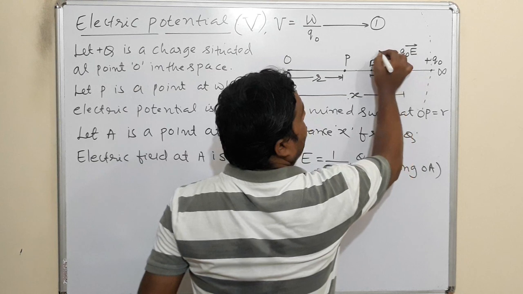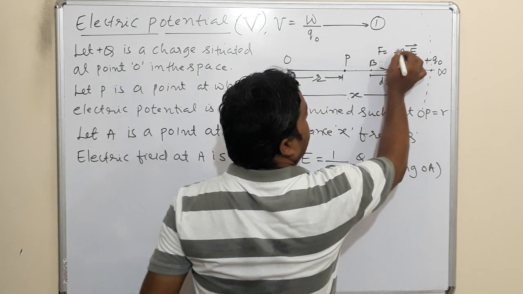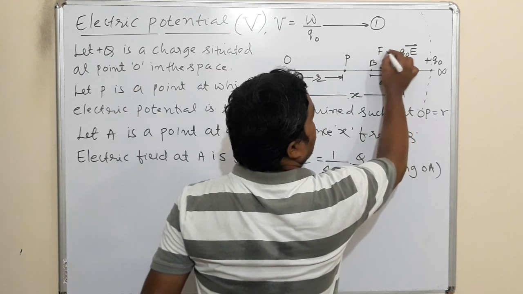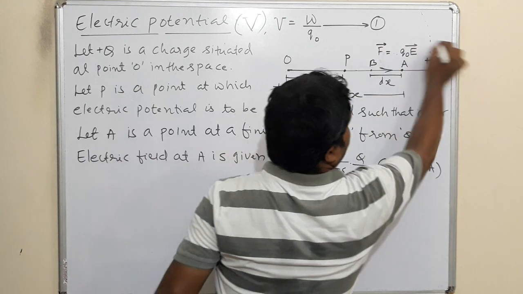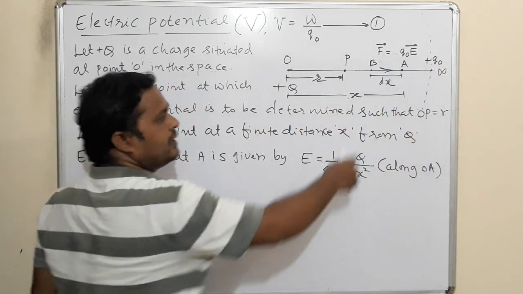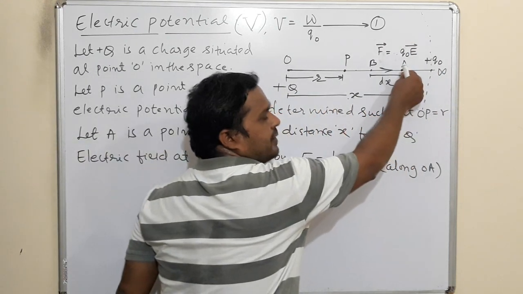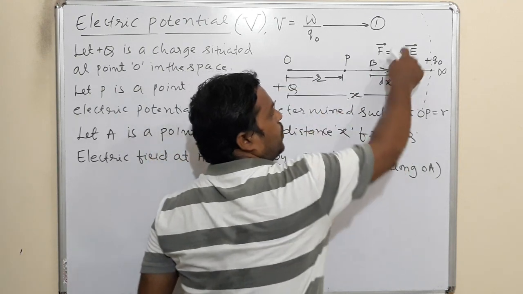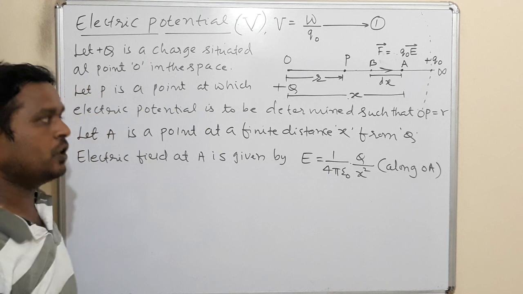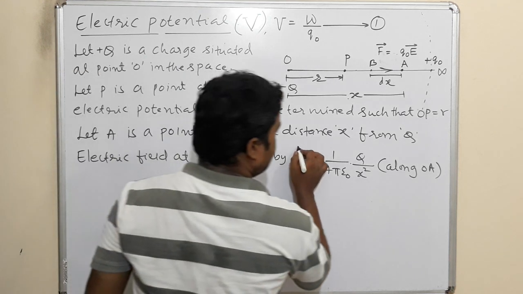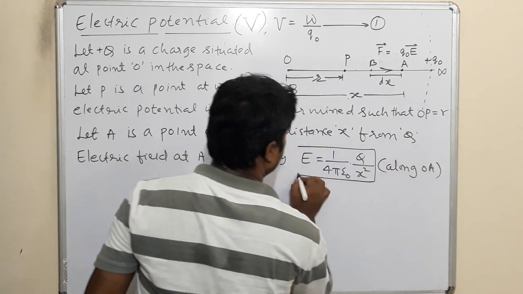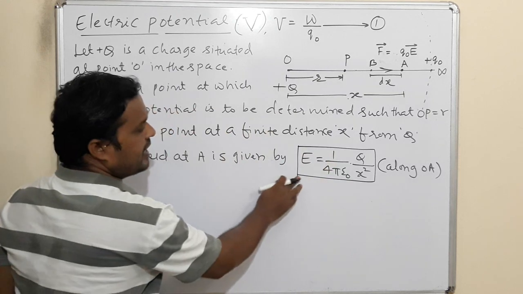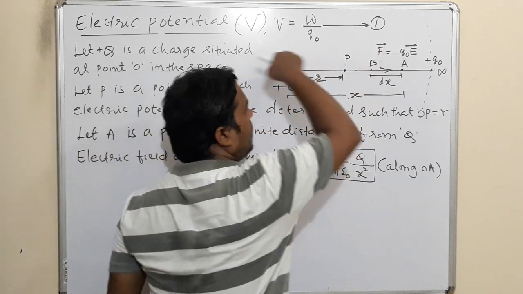Placed at A will experience this much force in this direction. That means the charge plus Q naught placed at this point is experiencing a repulsion force equal to Q naught into E, where E is given by this much. In which direction is it experiencing the force? Along OA.